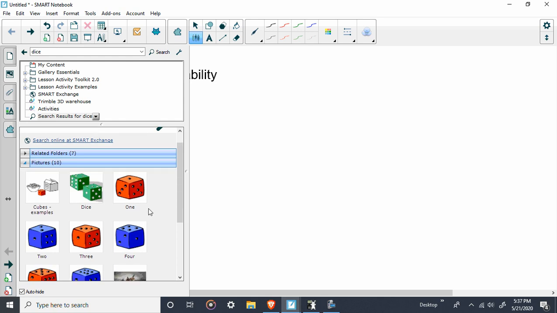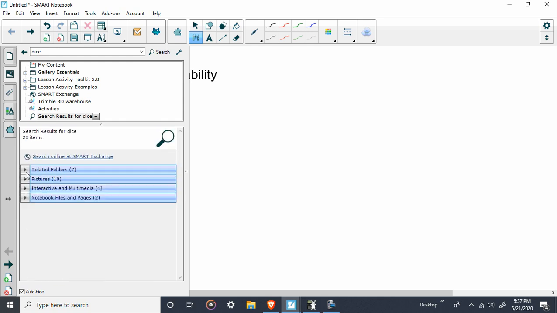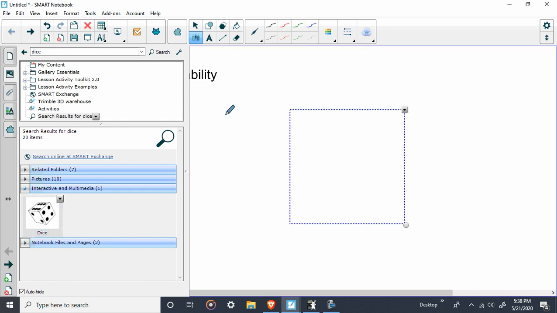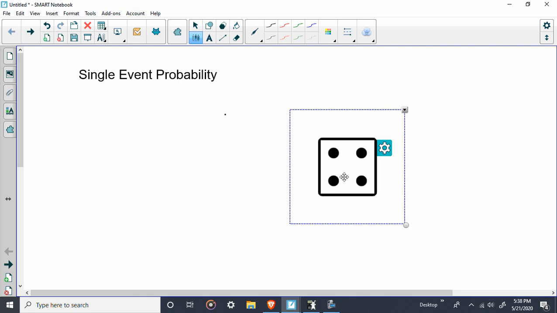So if I roll a die, how many different outcomes are there? If you think about it, and I'll draw it out here, I'm sure I'm going to draw this incorrectly, there are 6 sides on a die.